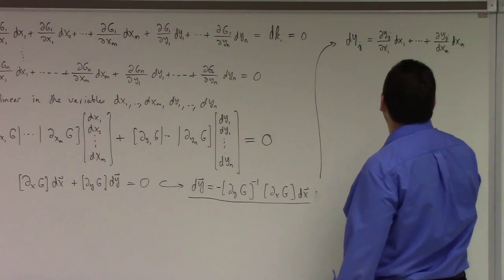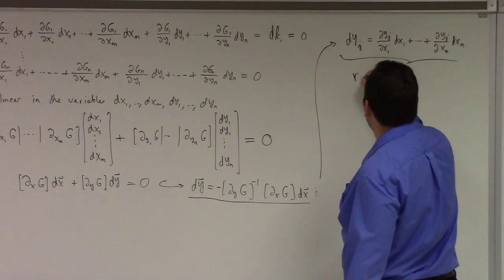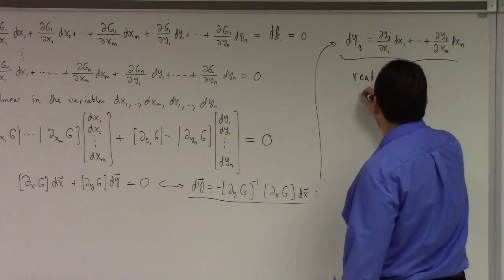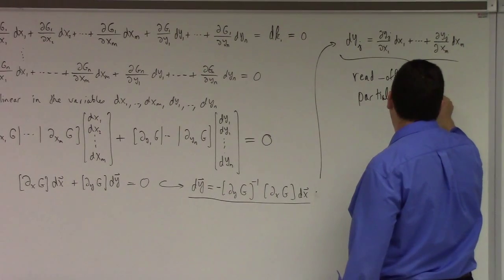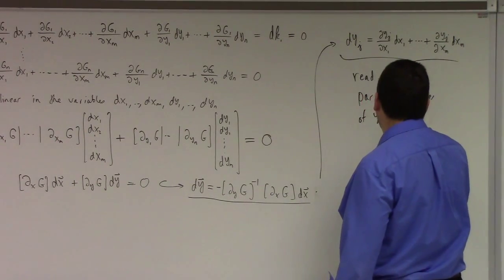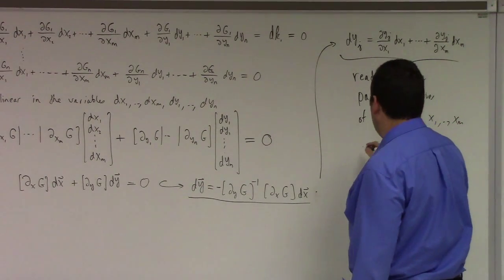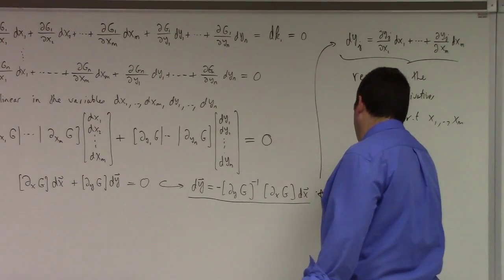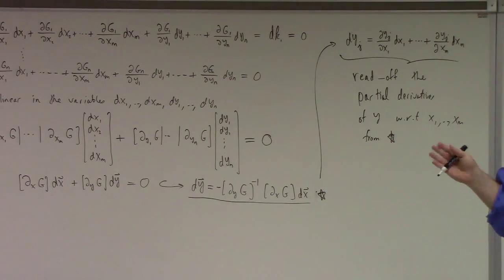So I can read off the partial derivatives of y with respect to x1 through x_m from star, because this gives me a formula for the differentials, and the meaning of each coefficient is the partial derivative.